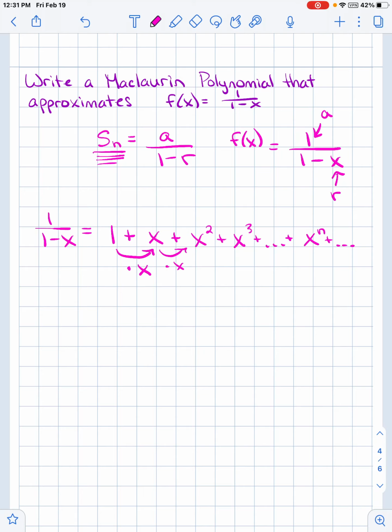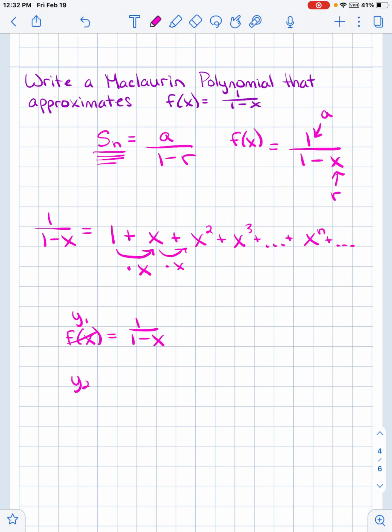I want you to graph a couple of these polynomials against 1 over 1 minus x, because we saw with sine and cosine that those polynomials that we were writing fit those functions pretty well. I would like you to graph, Desmos, your calculator, whatever. I would like the first one, y1, to be 1 over 1 minus x.